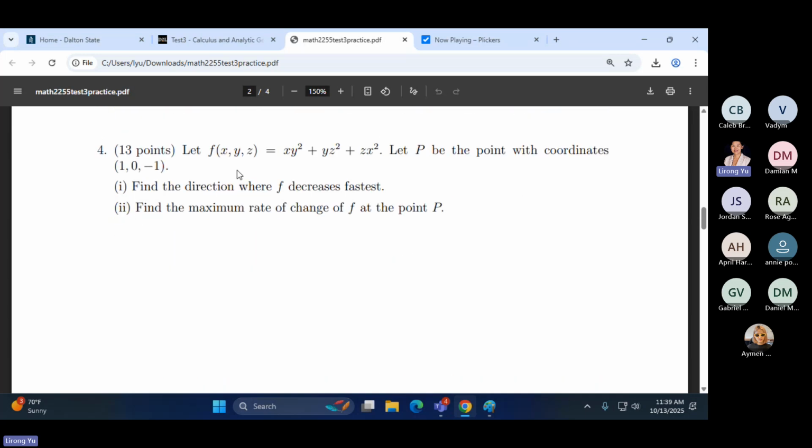And number 4 is the directional derivative calculation. The question did not say directional derivative, but it says, let's find the direction where the function decreases fastest, the biggest rate of change direction. Part 2 is to find the maximum rate of change of the function, which should be the magnitude of your gradient function at a given point.